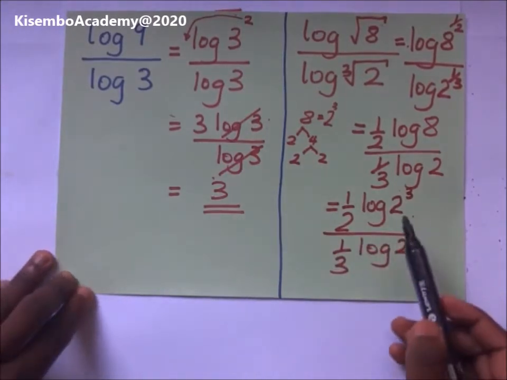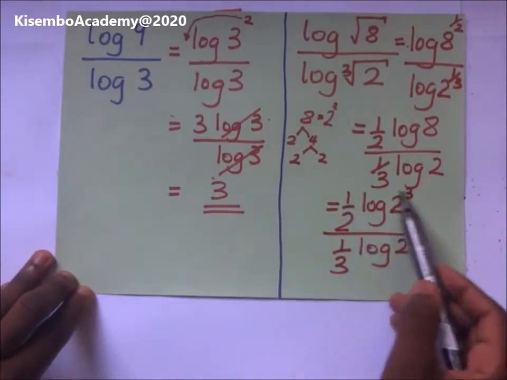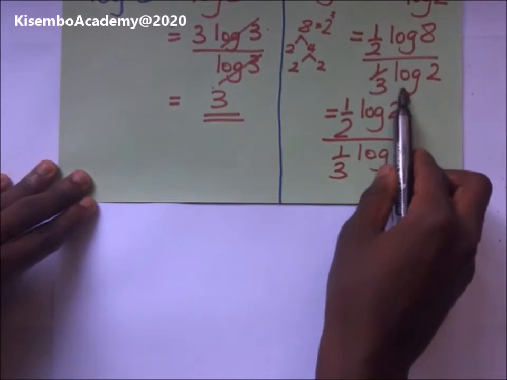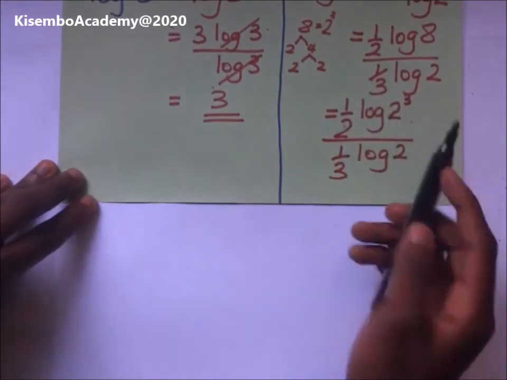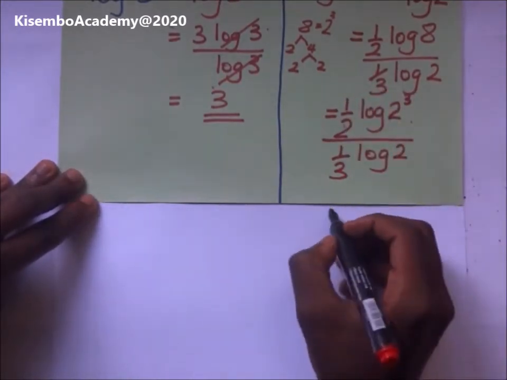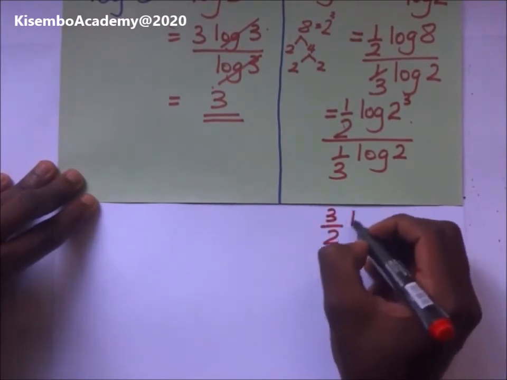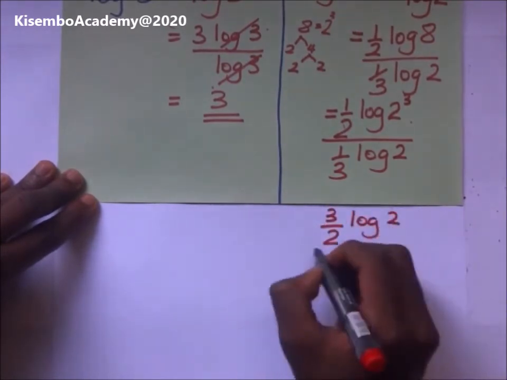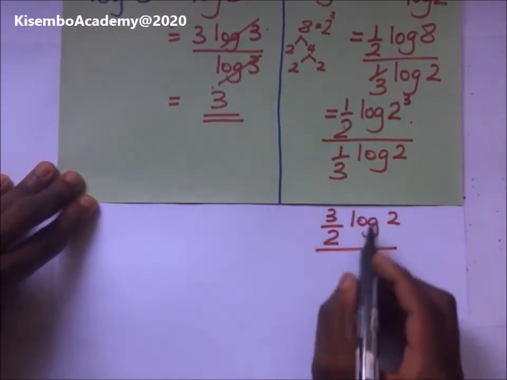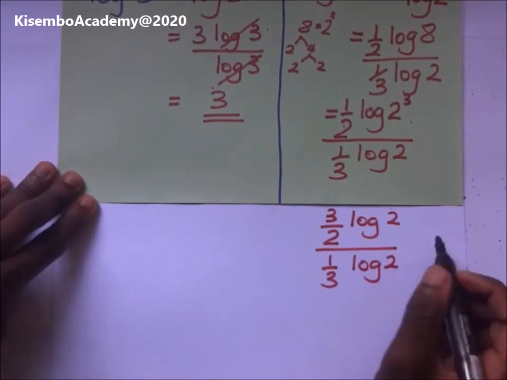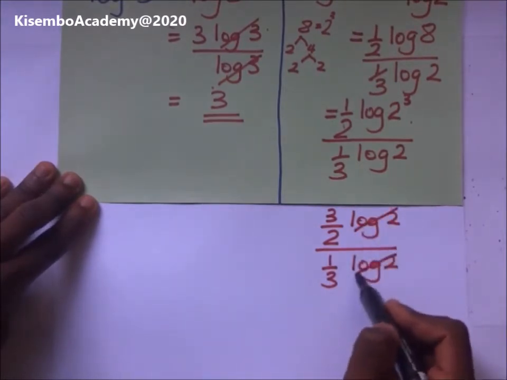Now definitely this 3 is going to come and join up here, so this is going to become 3 over 2 times the logarithm of 2, divided by a third times the log of 2. So this log of 2 and that log of 2 cancel out.